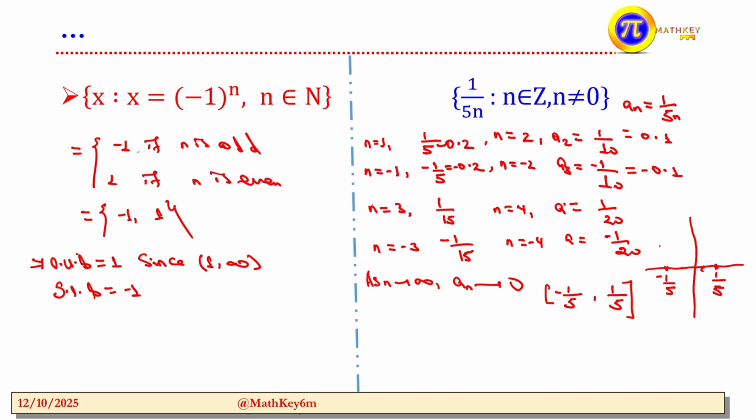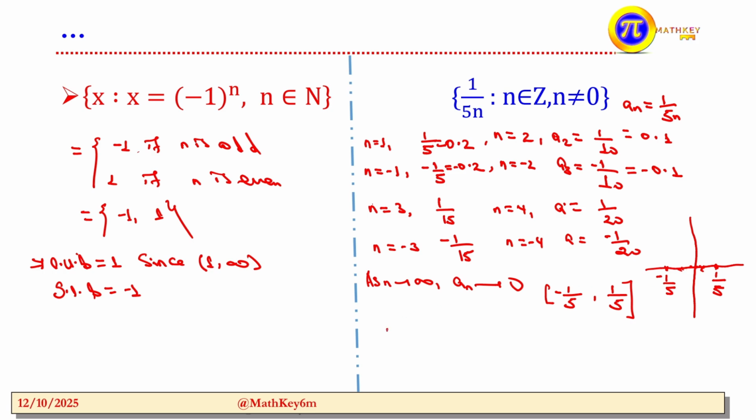Similarly, negative 1 over 10 is somewhere in between. 1 over 50 is also less and approaches 0. So as n goes to a large number, its value approaches 0. That 0 is also obtained between negative 1 over 5 and 1 over 5.